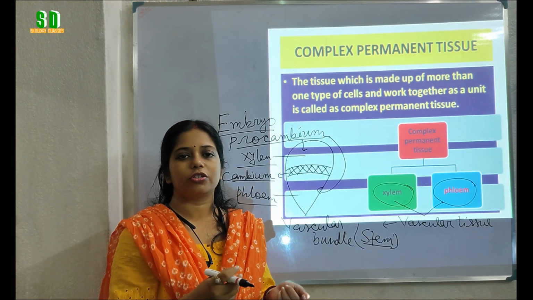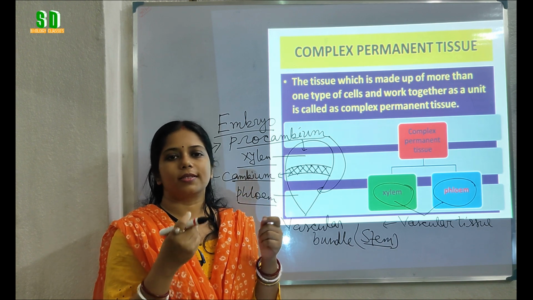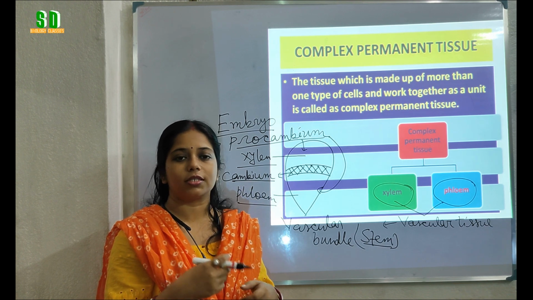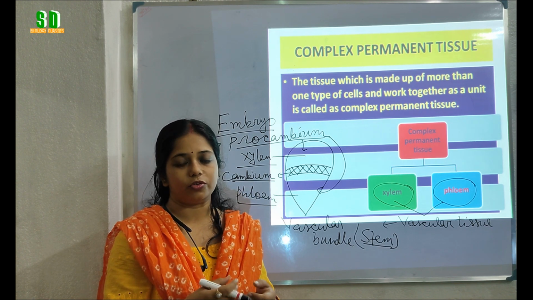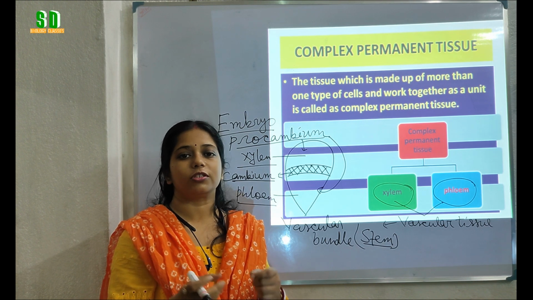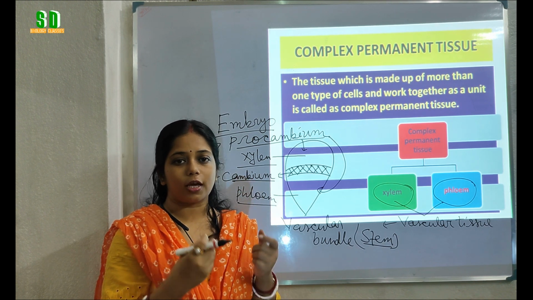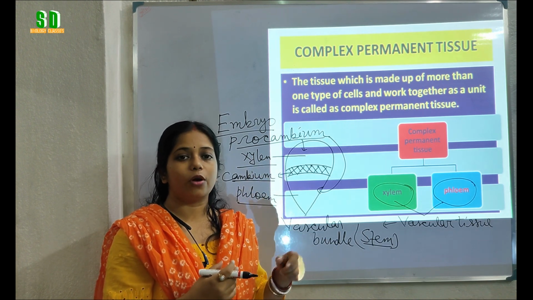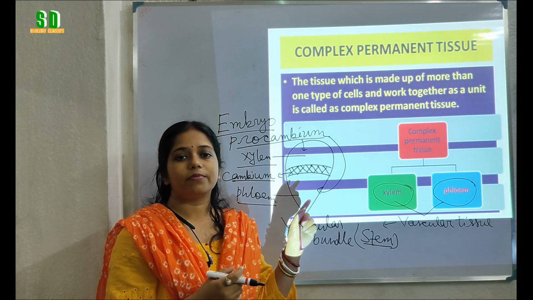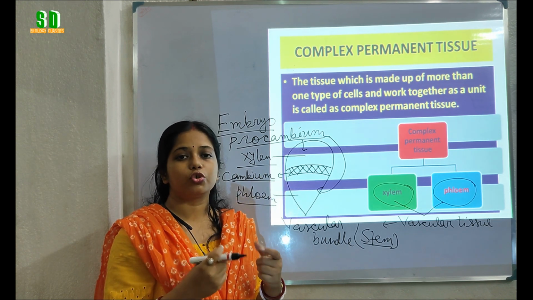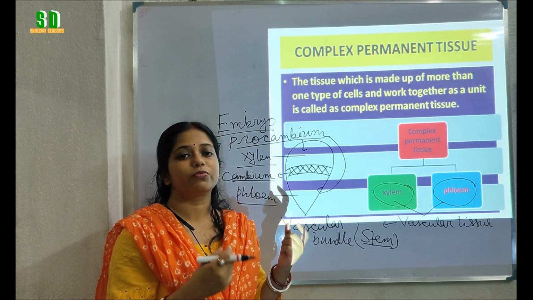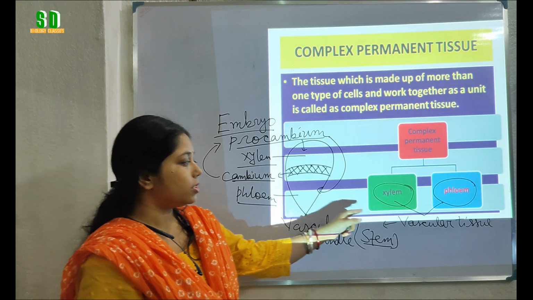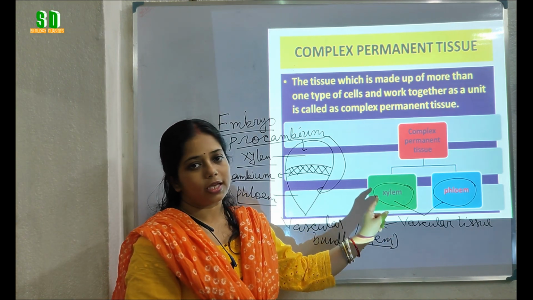Due to the division of the cells in the procambium, the xylem and the phloem tissues are formed during the embryo stage, that is during the development of the radicle and the plumule. When the vascular bundles are formed in the primary root and also in the growing stem, the xylem and the phloem tissues are formed from the procambium. Procambium is the tissue present in the embryo stage, from where the xylem and the phloem tissues develop. In today's video, we will know about the xylem tissue.